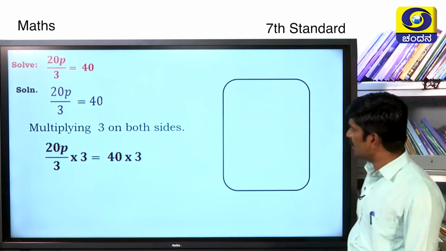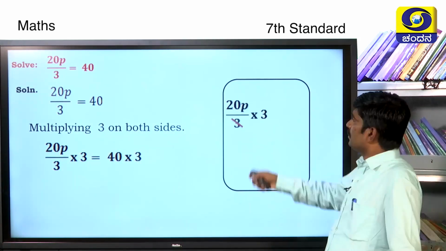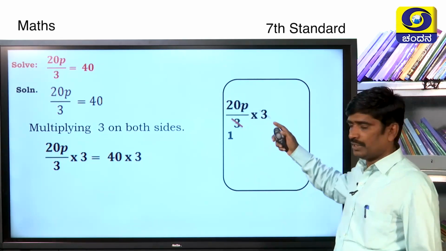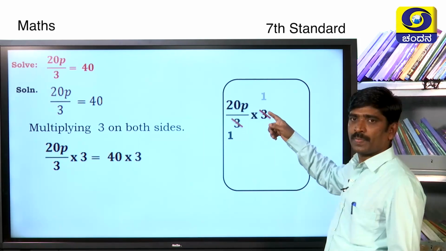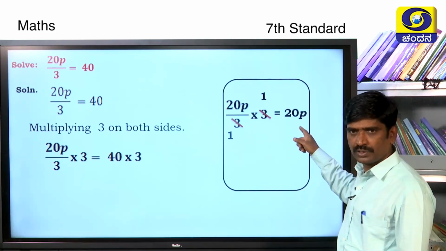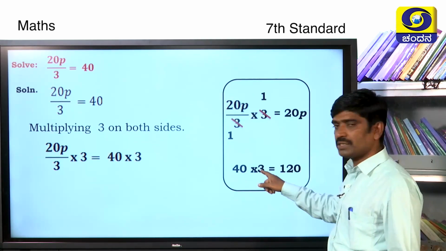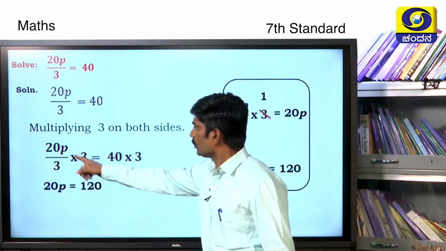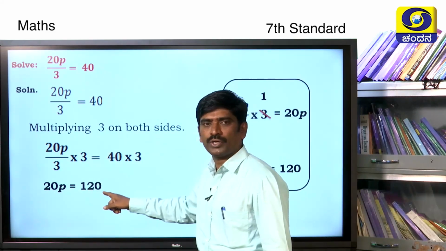Then see here, 20p divided by 3 into 3, 3 ones are 3. What is the result? Here 20p. Next, 40 into 3 is 120. Therefore, here 20p is equal to 120.